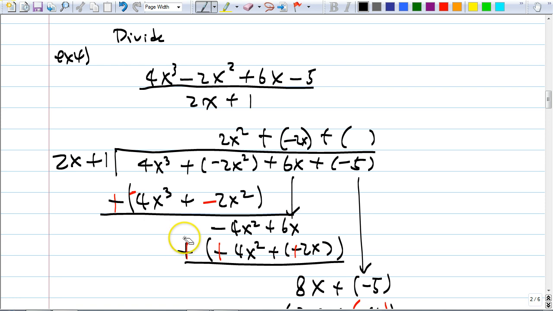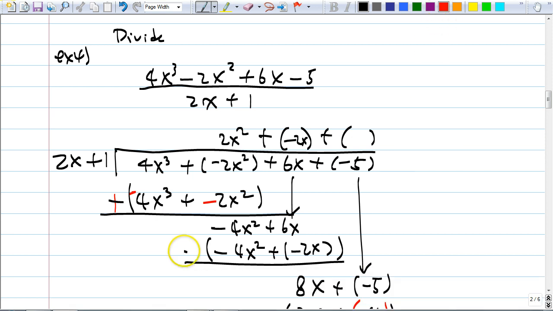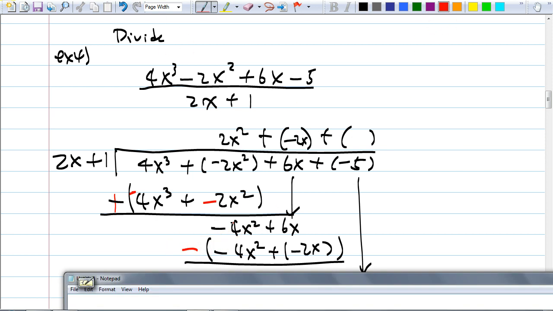Look. This here was this way. Is this what we had before, Shrug? But we're subtracting, right? From top to bottom. Top minus bottom, right? So doesn't this turn into positive 4x squared?